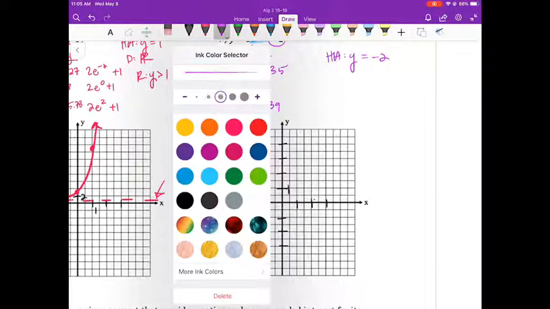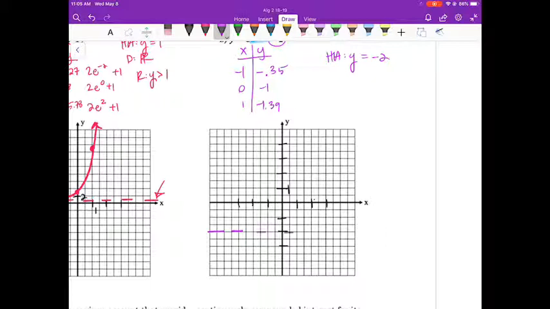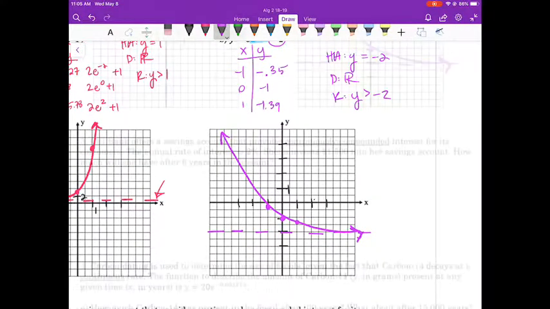We draw our horizontal asymptote down 2 this time, and we plot our points, one about right here and one right here-ish. Sure enough, this looks like exponential decay because of that negative r value. Our domain would be all reals, just like any exponential function, and our range is affected by our k, so for us, y is greater than -2.